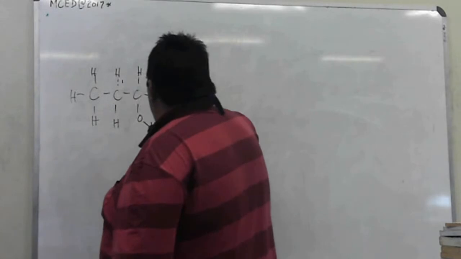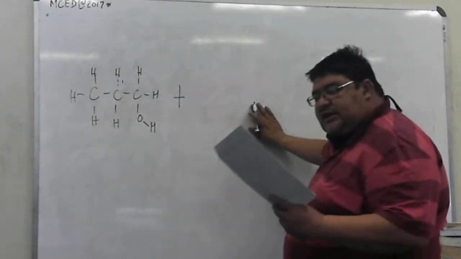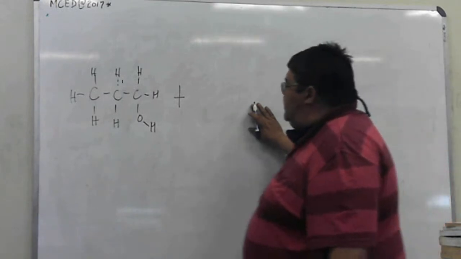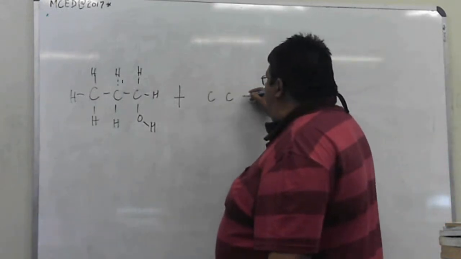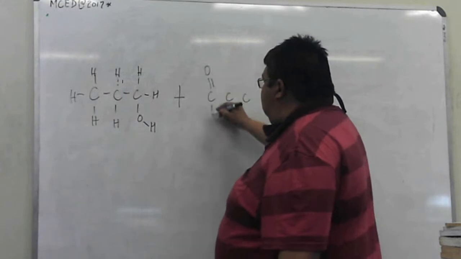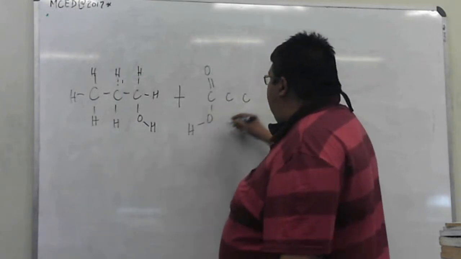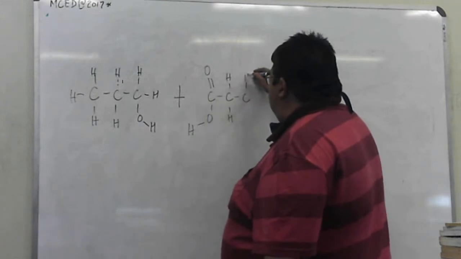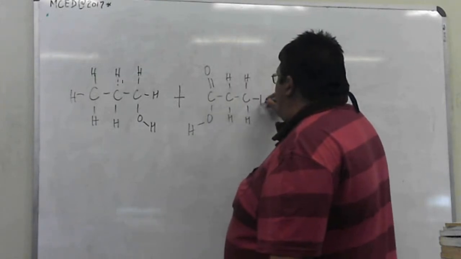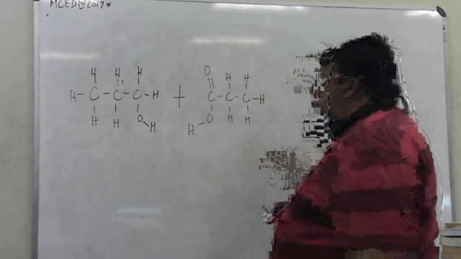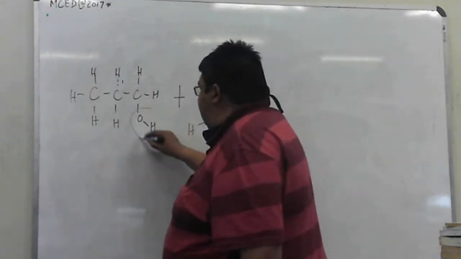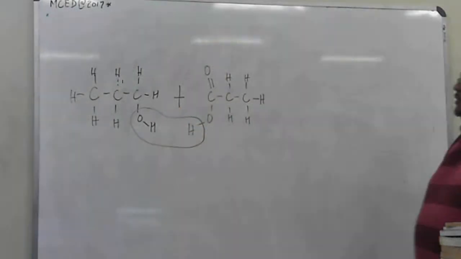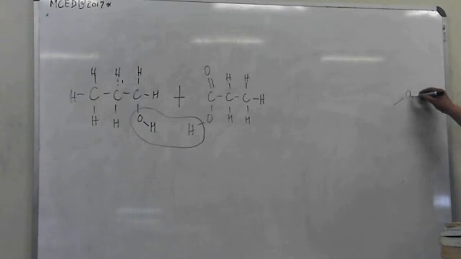There's our alcohol. And we're reacting it with a carboxylic acid. And our carboxylic acid is propanoic acid. So let's draw propanoic acid. We know the story. The OH from the carboxylic acid and the H from the alcohol form H2O.